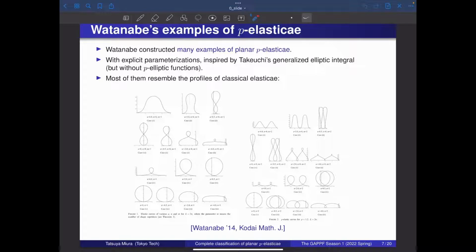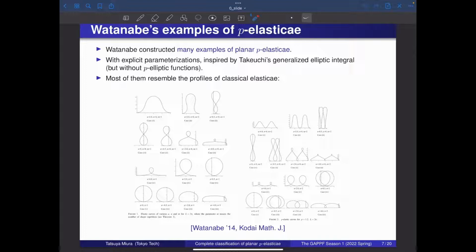I don't enter the details, but here I borrowed some figures from the paper of Watanabe, and those curves quite resemble, at least qualitatively, the profiles of classical elasticae. He also obtained some explicit parameterizations of those planar p-elasticae.